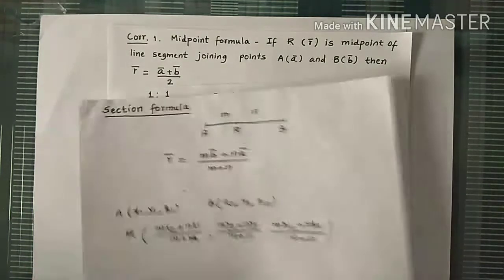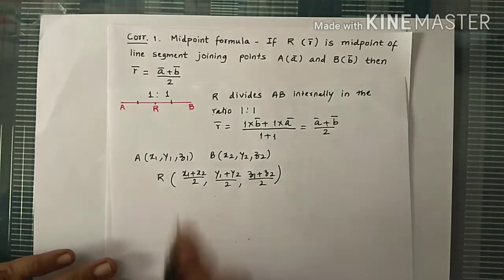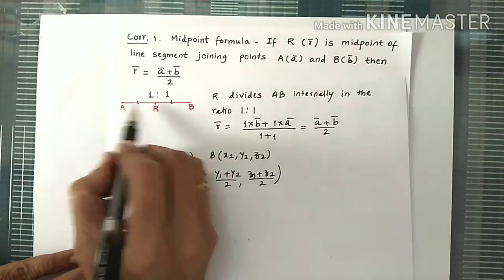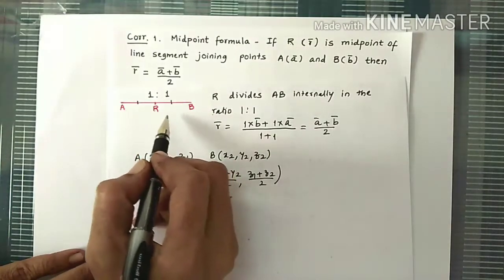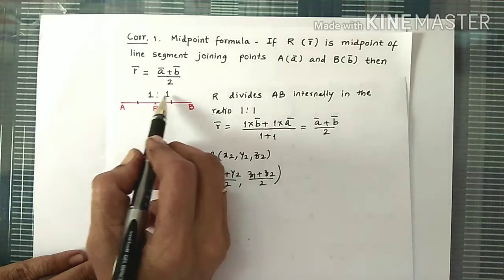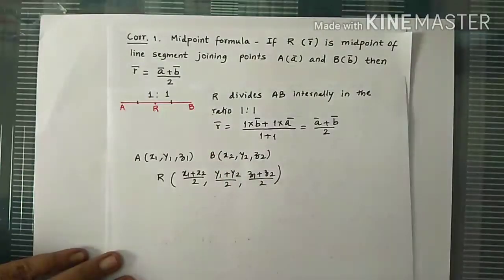So if R is midpoint of AB, what happens? In that case we have AR equal to RB. That means R divides AB internally in the ratio 1:1. So value of m is 1 and n is 1.